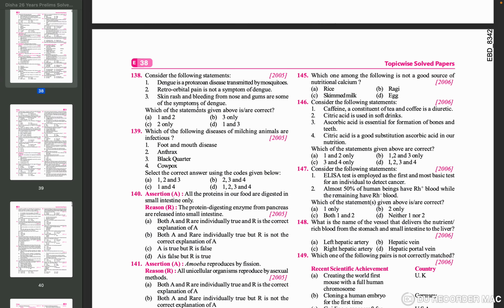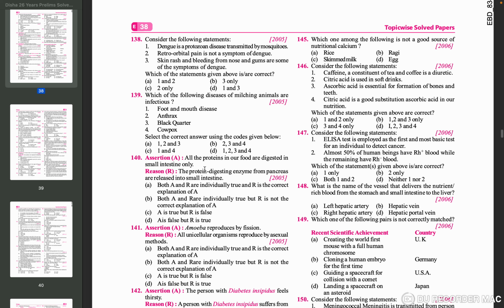Okay, go to the second question. Which of the following diseases of milching animals are infectious? I don't know the meaning of the word milching, but I can guess it because I know there is a term called mulch, which means putting soil or grass on a field.